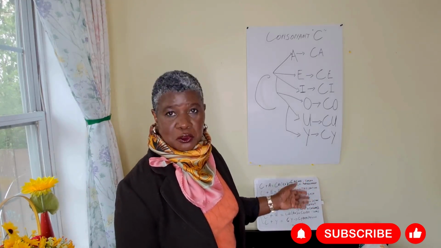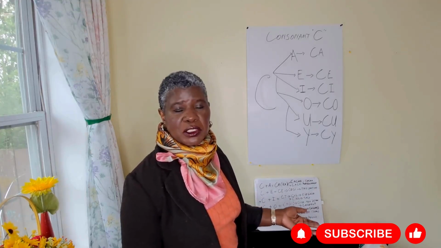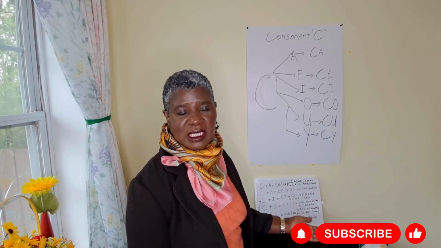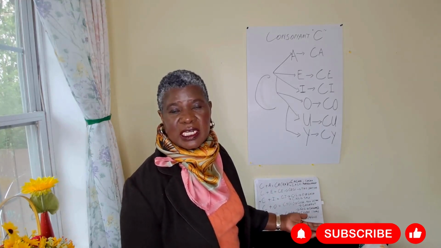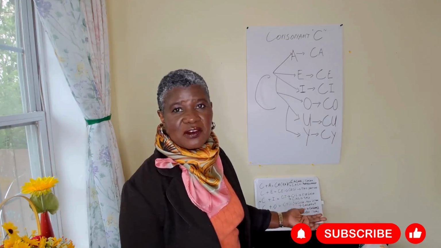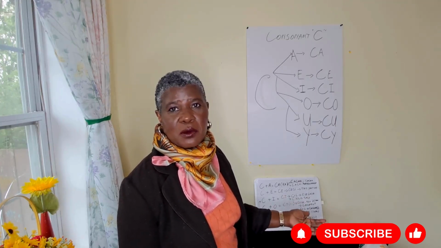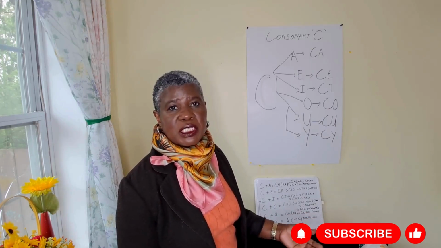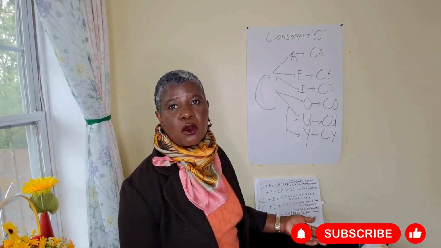So in order to make a word, just the way it is in English and in many languages, you need to use the alphabet. The alphabet is made of consonants and vowels. In French, a word is made of vowels and consonants.